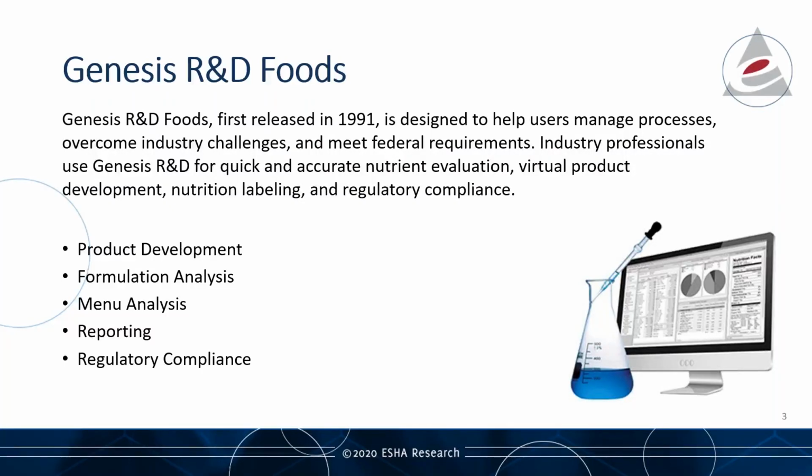You can also work in menu analysis. So for restaurant labeling, we've added more features to help accommodate that industry. And we have a variety of reporting capabilities, which we'll be covering today, and the software does address regulatory compliance by preparing camera-ready, formatted labels for various countries like US, Canada, Mexico, and EU.